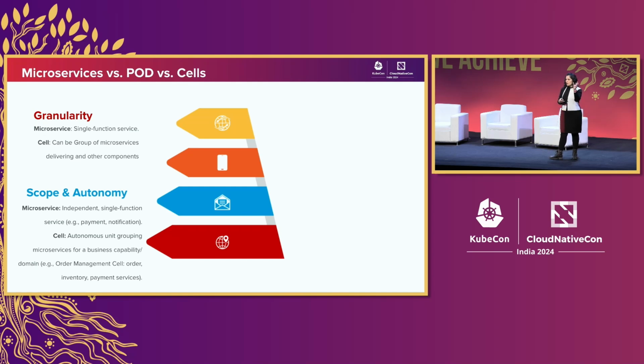Whereas a microservice will only have one particular function or scope. Scalability: a microservice scales at the service level, a cell scales at the cell level. That's where, complexity-wise, it's a multiplier effect.